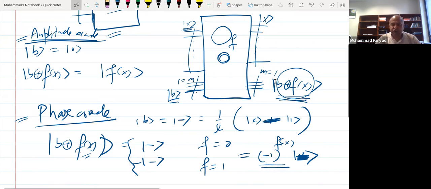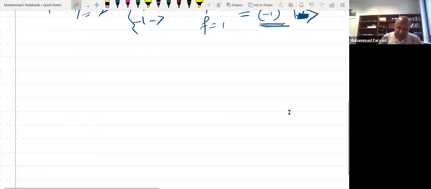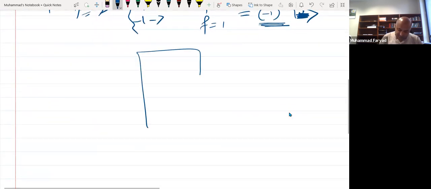And if we talk about the total state of this oracle, then we can think of this phase term either with this bit or with the input x. So this is the general construction of these oracles.